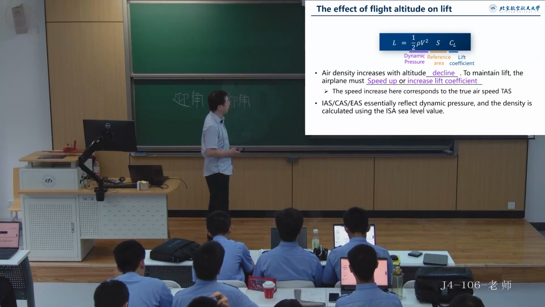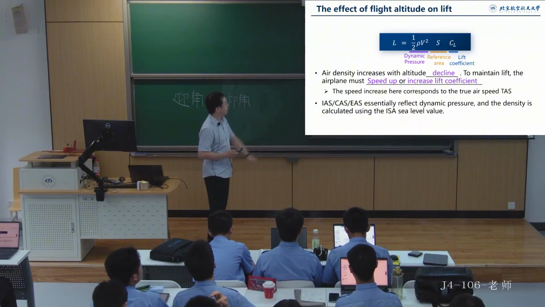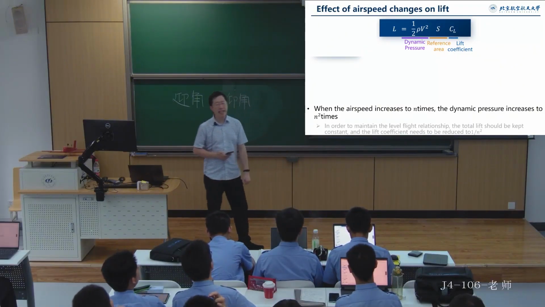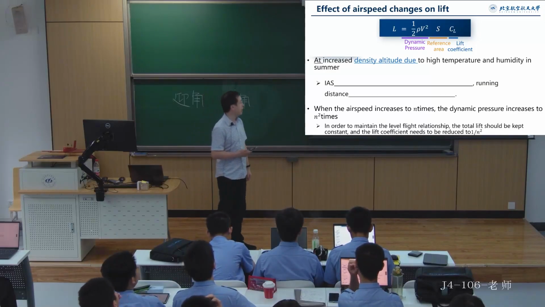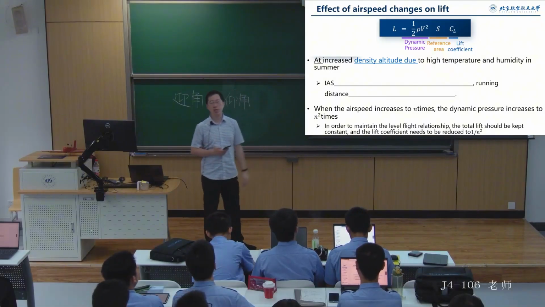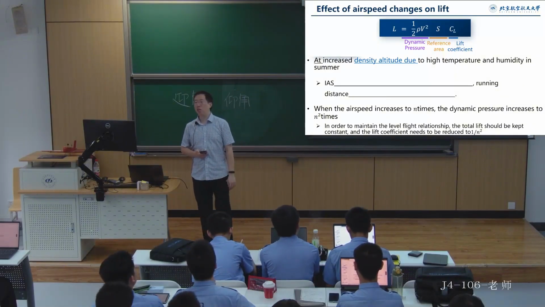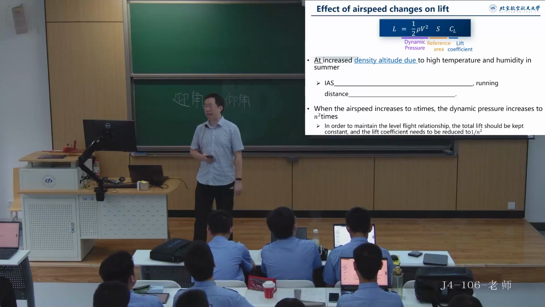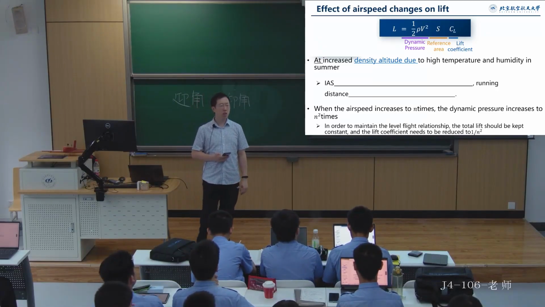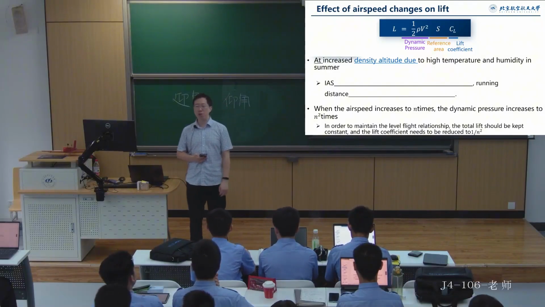Let's say our aircraft takes off from an airport during a hot summer. At this time, a significant parameter affected by high temperature and high humidity is the density altitude. It increases, right? Do you remember what density altitude is? How can I explain density altitude in layman's terms?